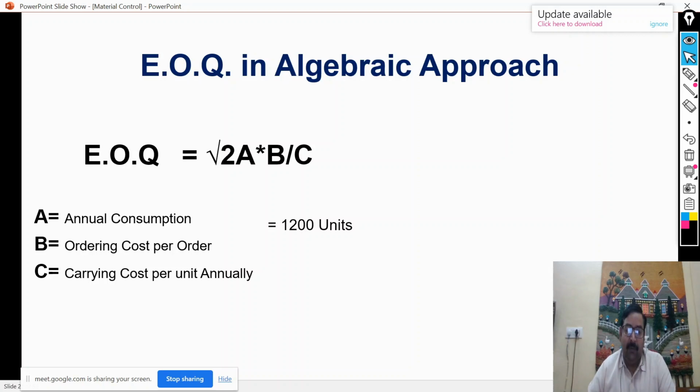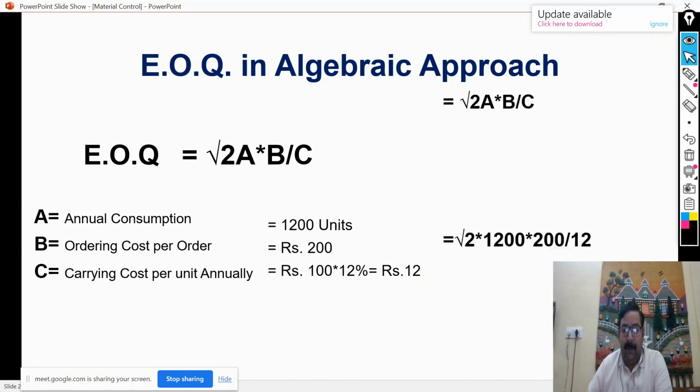Annual consumption is 1200 units, ordering cost per order is 200, and carrying cost annually is 100 into 12%, that is rupees 12 per unit annually.